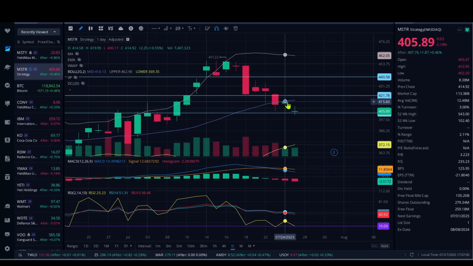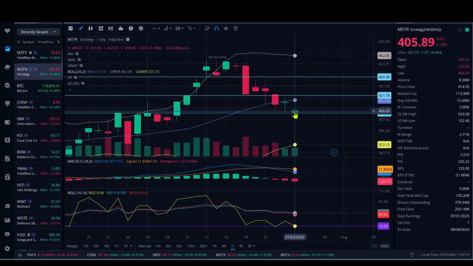So that body is very thin, and here the body's very thin with a wick on top and a wick on bottom. Both of those are indecisions in the market, even though it is still moving and continuing to move down. But we are coming up on a bit of a support line right here.